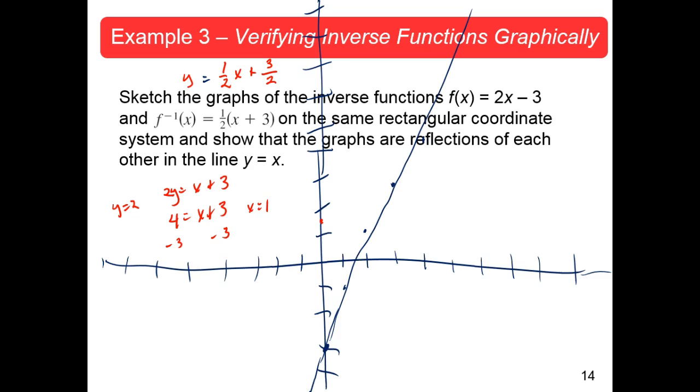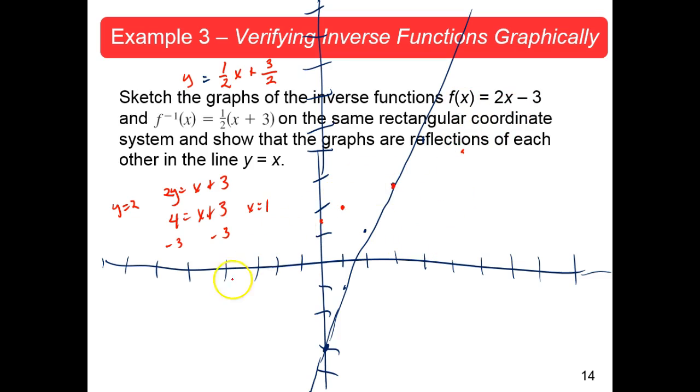So let's plot that one. X equal 1, y equal 2. There we go. I like that point. I like the other one, okay, but this is a lot easier to go with because now we can do our slope and go up 1 for every 2 to the right. And looky there, we hit right smack on that one. And we do another up 1 for every 2 across, and there's another point.